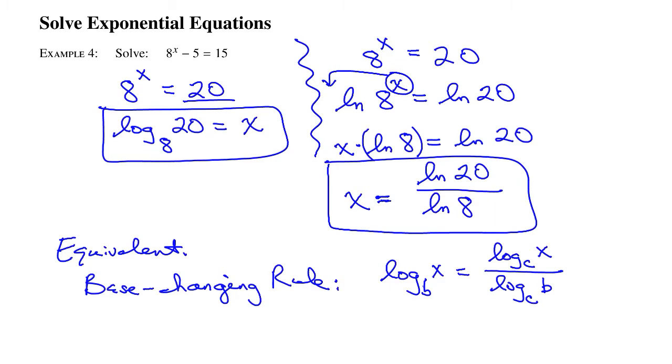So b can be the original base, and it becomes the argument of a pair of the logs in another base. So c here is a different base. In this example, the c is actually equal to the number e. So it would be natural log of 20 over natural log of 8. So these two are equal.